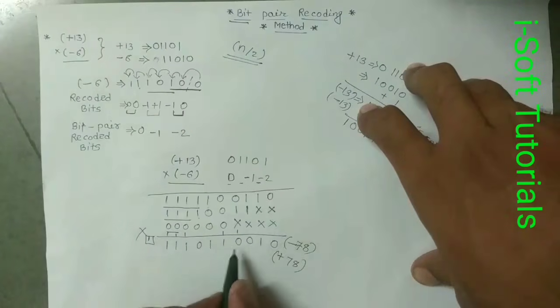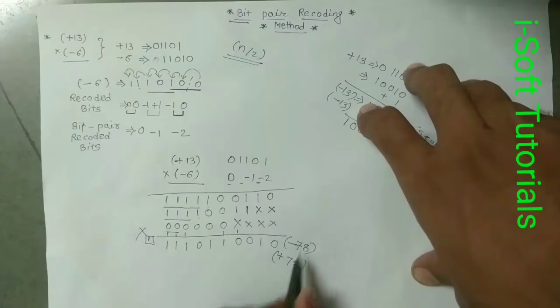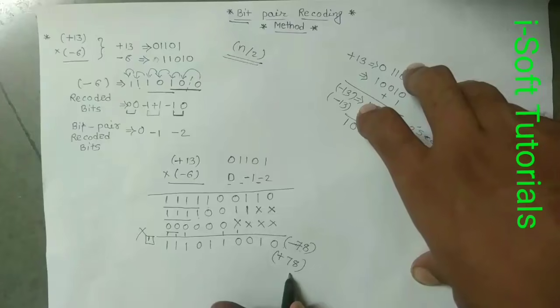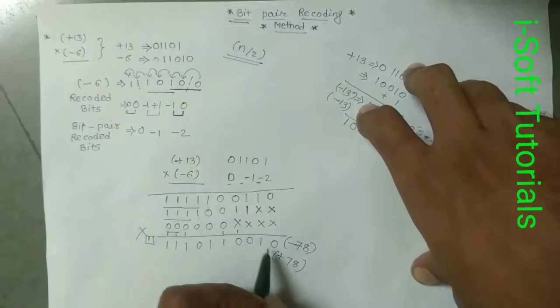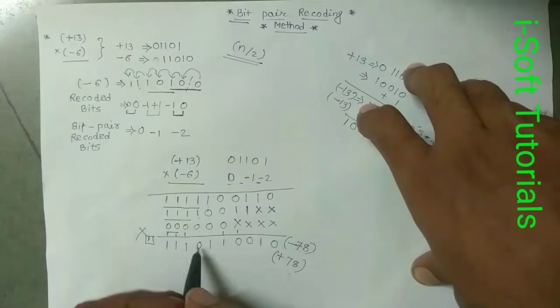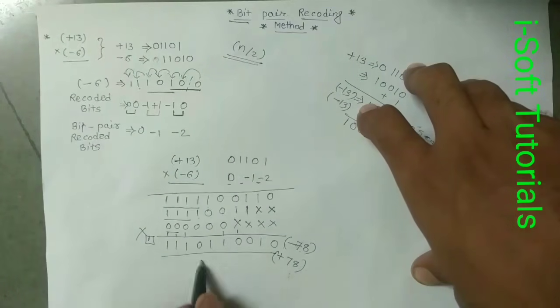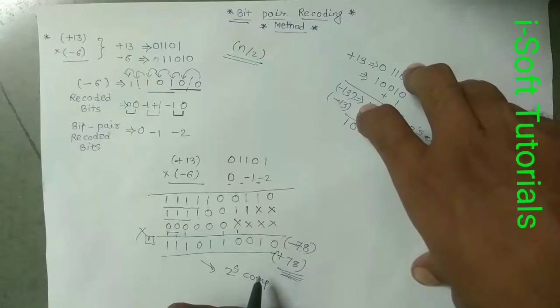What product did we get? This is the product for minus 78. If you convert it, you will get plus 78. You can verify 13 into minus 6 is equal to minus 78. If you convert this into 2's complement, you will get plus 78. This way you can verify the answer.